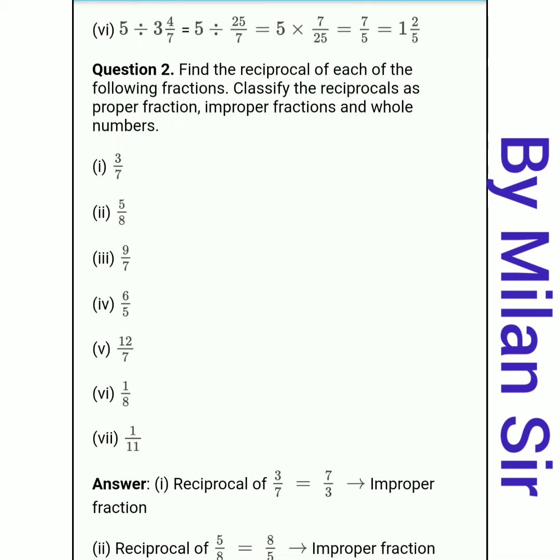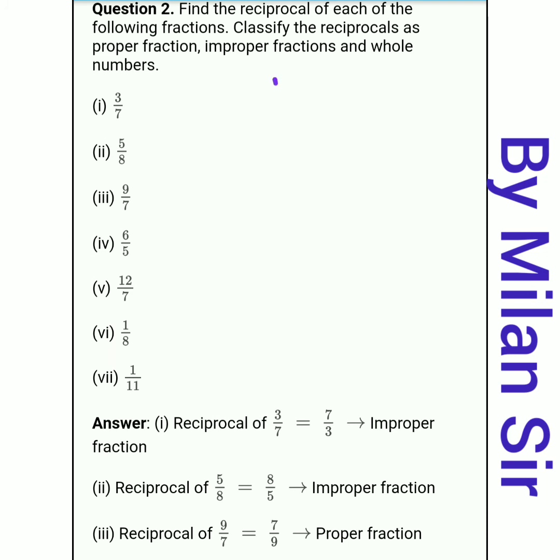Then question number 2. First of all, read the question. Find the reciprocal of each of the following fractions. Classify the reciprocal as proper fraction, improper fraction, or whole number. Okay. So first question, 3 by 7. Reciprocal of 3 by 7: we need to change the numerator and denominator.